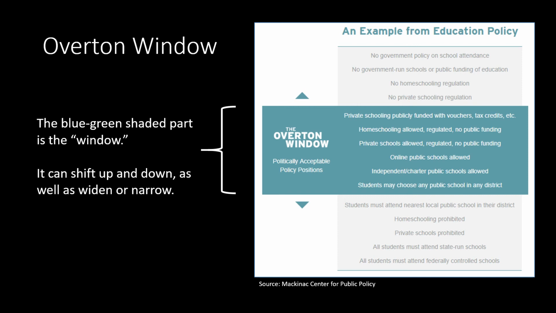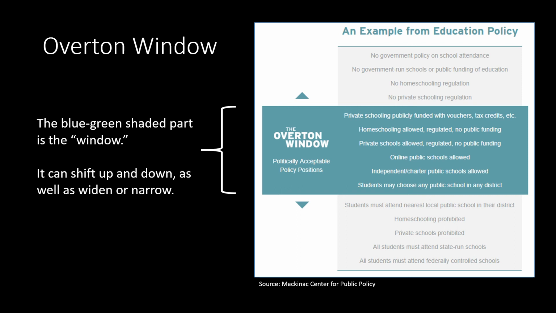Now, if the policy proposal that you really want to get passed is inside the window, then that's good news for you. You have a shot at making it work. But if it's outside the window, then you have to think about whether you want to try to move the window, because that window can slide up and down in whichever direction.